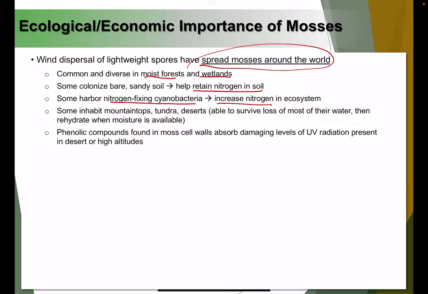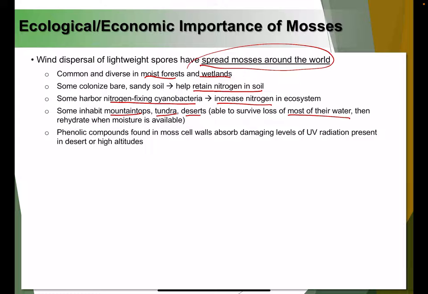Some mosses actually inhabit mountaintops, tundra or deserts, very extreme environments. And why they're able to survive in such extreme environments is because they are able to survive loss of most of their water. This is not something that any plant can do.